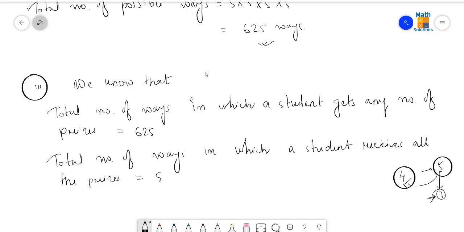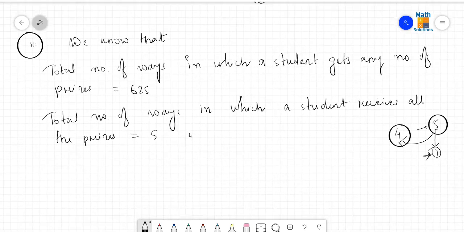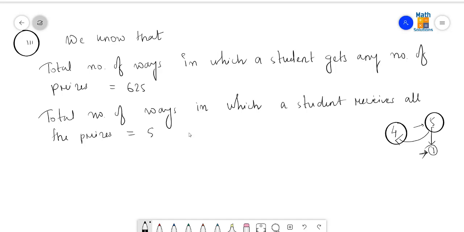Now we need to find out the value in which the total number of students gets all the prizes. Total number of students who get all the prizes means there are 5 options.